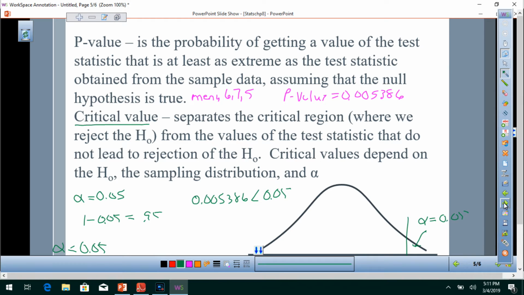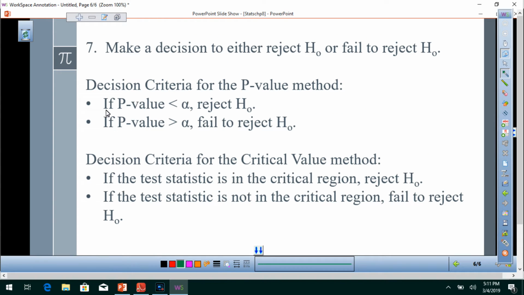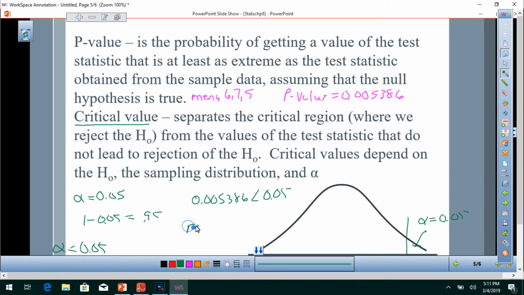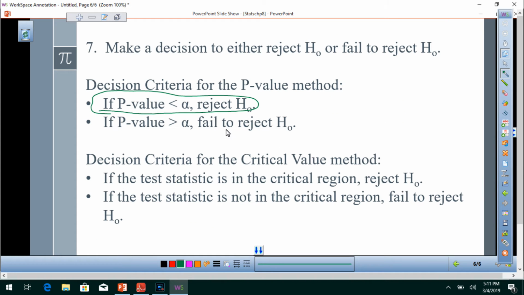So based on that, we're going to reject the null hypothesis. And that's the p-value method.